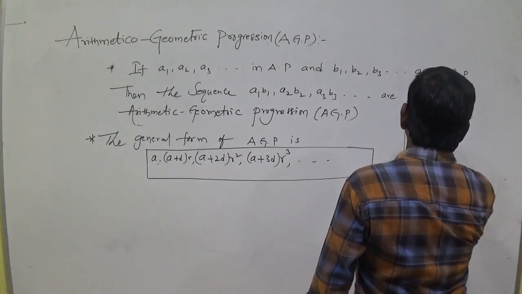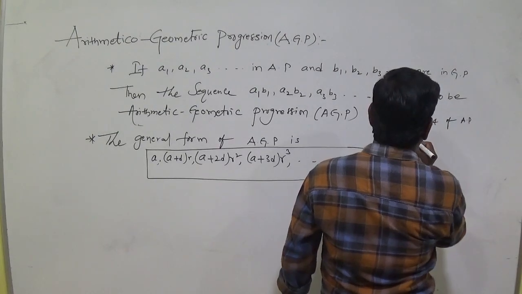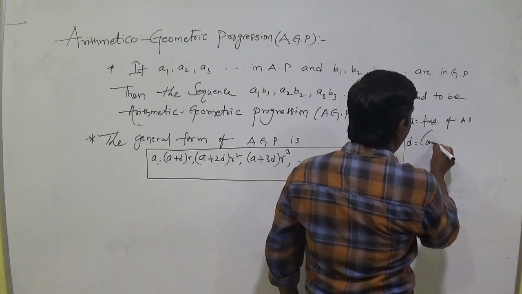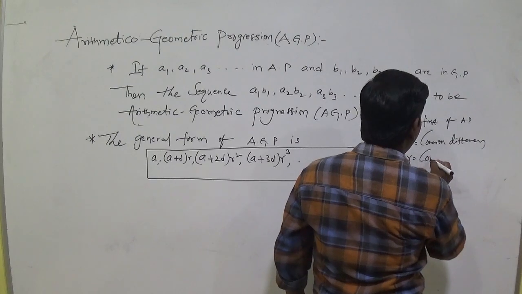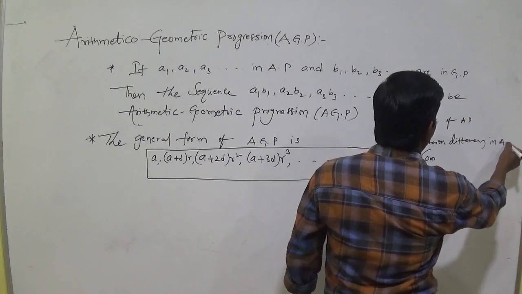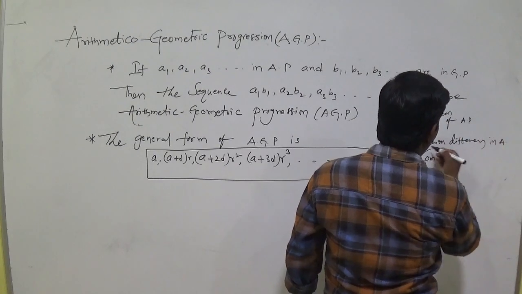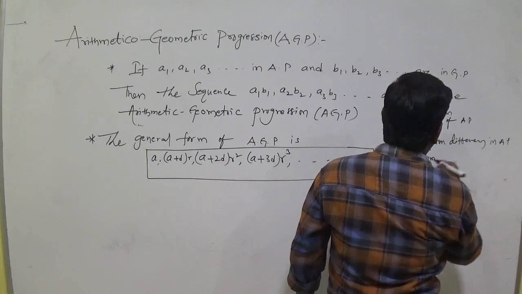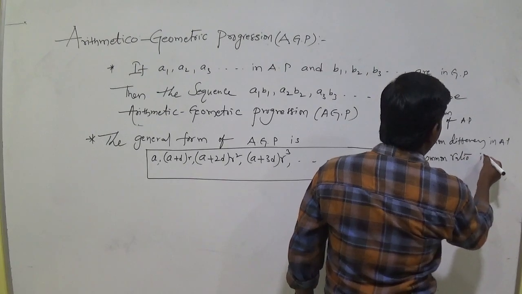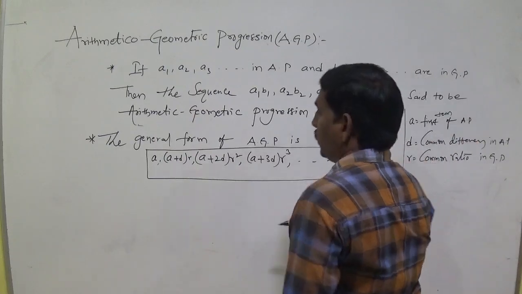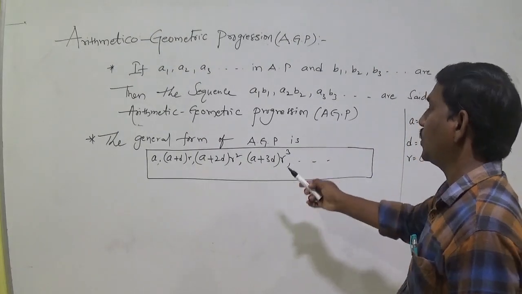So a equals the first term of the AP, d equals the common difference of the AP, and r equals the common ratio of the GP. The general form is a, (a plus d) r, (a plus 2d) r squared, (a plus 3d) r cubed, and so on.